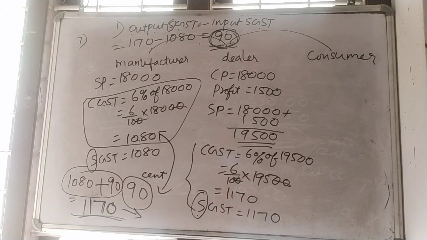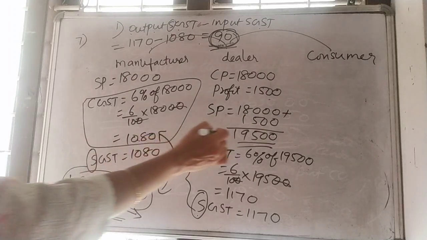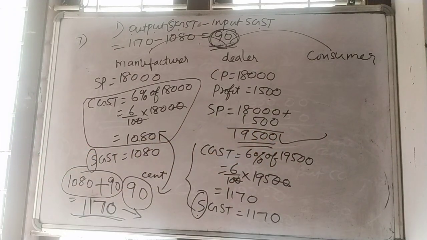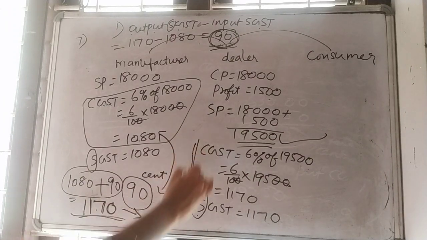Then last one is the amount that the consumer pays for the TV. So what will be the amount that the consumer pays for the TV? That is total SP, 19,500, plus GST, output CGST and output SGST. Output CGST is 1170 and output SGST also will be 1170.